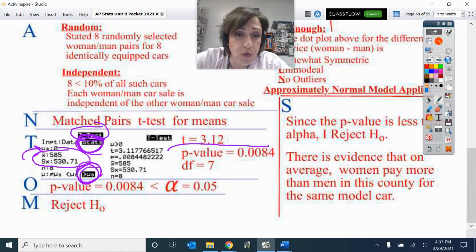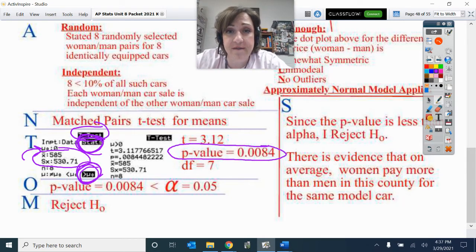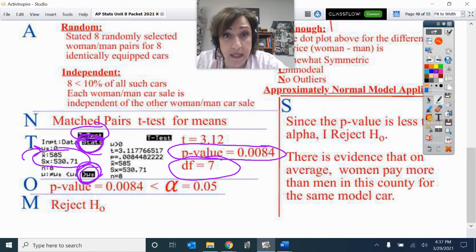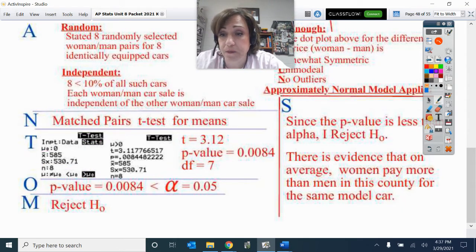P-value. You must write the word p-value. Do not write p equals, because what is p? A proportion. And do not forget the degrees of freedom. They don't tell you that, but because it's a t-test and it was one sample, then it's n minus 1.